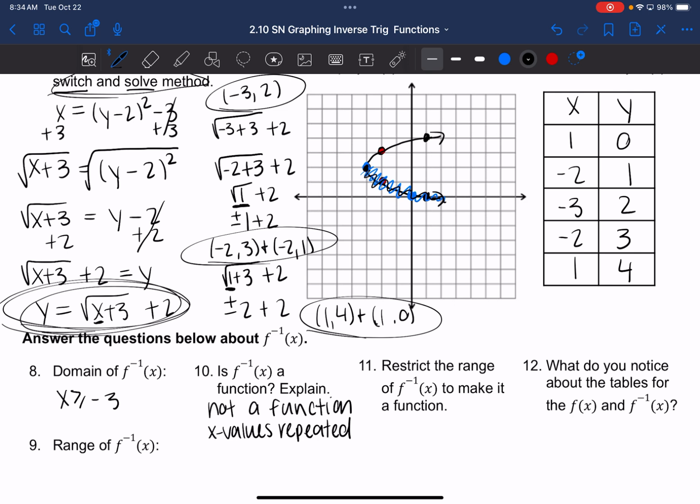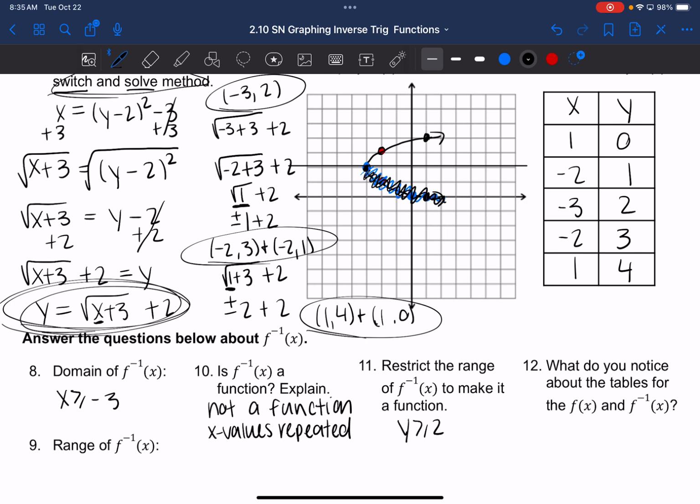Okay. So if I wanted to restrict my range to make it a function, we said we'd need to get rid of the bottom half there, right? Okay, so if I do get rid of this bottom half that we talked about, then I'm getting rid of everything below this line. So what would our range be if I get rid of that bottom half of my function? y is greater than or equal to, yes, to 2.